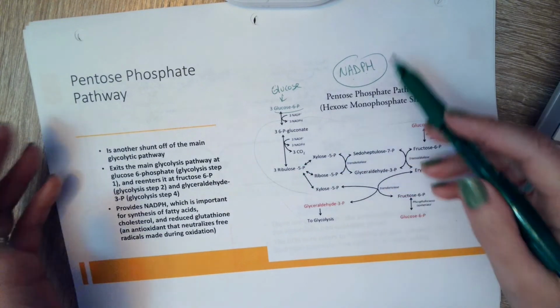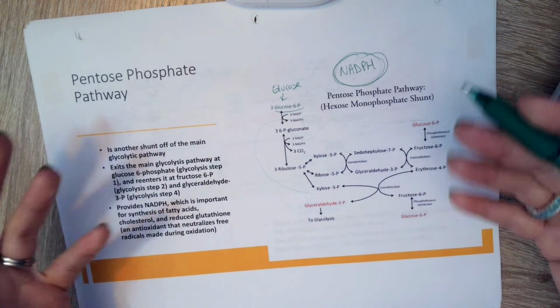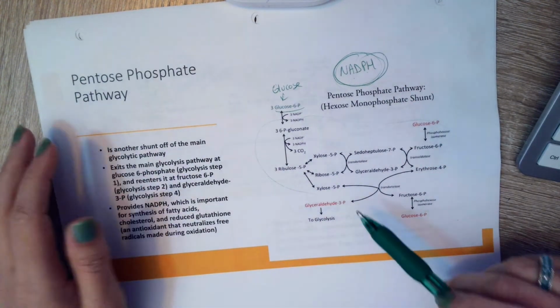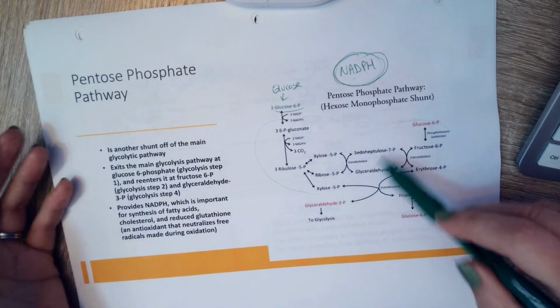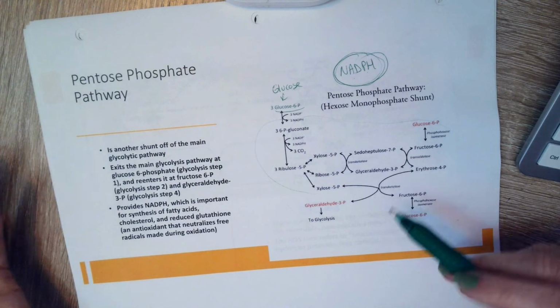So this is the main thing that we are looking for in the pentose phosphate pathway as we leave our glycolysis pathway, do all this stuff, and then we can re-enter the glycolysis pathway again.